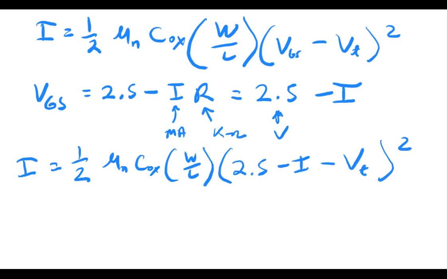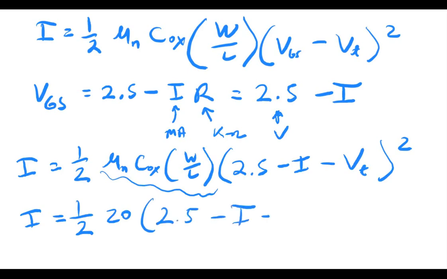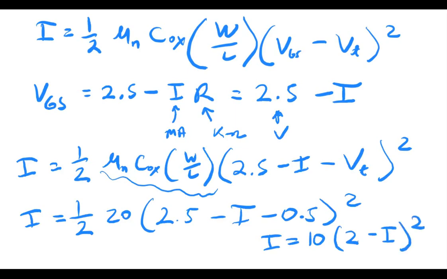And essentially, I know VT, I can solve for I, and I have this quantity as well, so that gives me that I is equal to 1/2 times 20 times 2.5 minus I minus 0.5 squared, which gives me that I is equal to 10 times 2 minus I squared.